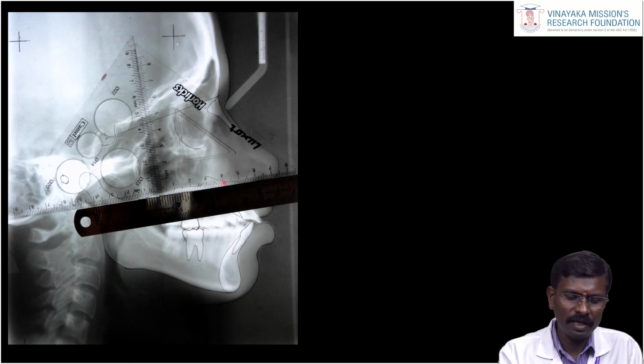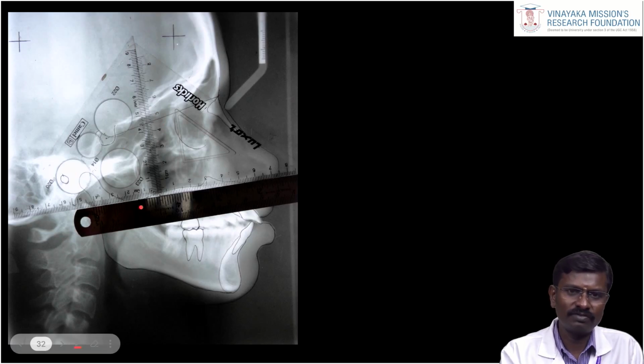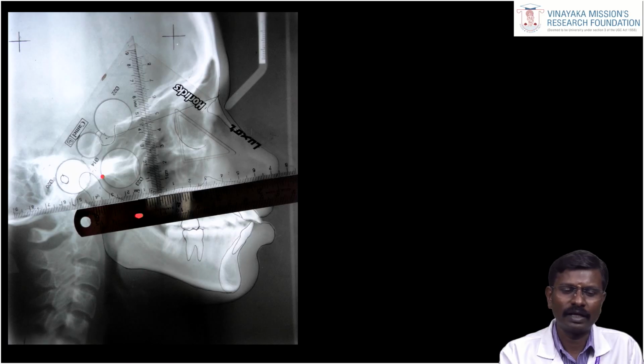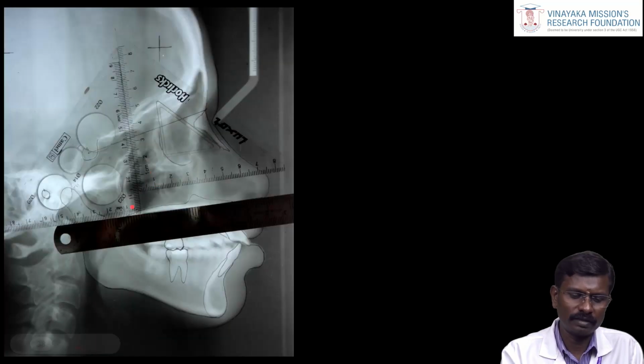There should not be any gap between the scale and the set squares. You hold the left side set square and the scale with your left hand index finger and thumb, and you move this set square upward. See, this is stable, and this we have moved upward.